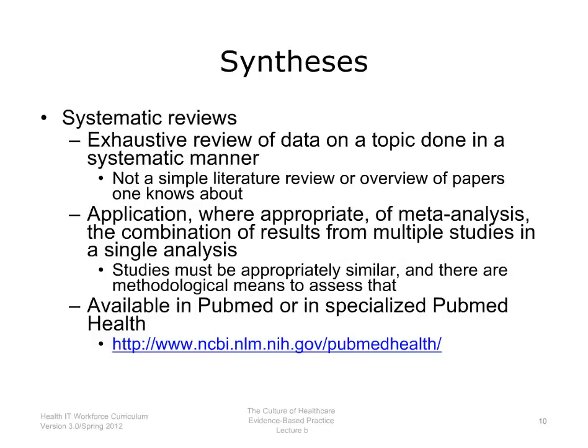They need to have similar interventions, perhaps similar patient groups, and we can then combine them in a meta-analysis. Meta-analysis can be done not only for treatments, but also for diagnostic tests, prognosis, and so forth. Systematic reviews are available in PubMed or in the specialized PubMed Health database, which is limited to systematic reviews.